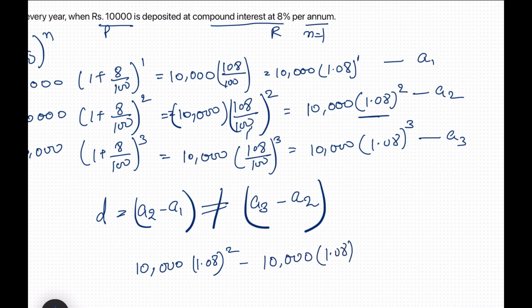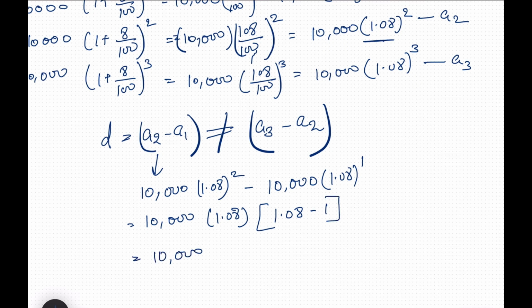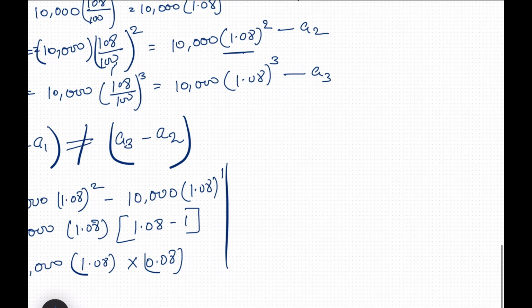This is this part, correct? If you take common here also, what do you get? 10,000 is common, 1.08 is common. What is remaining? 1.08 minus 1, right? That is 10,000 into 1.08 times 0.08, correct?